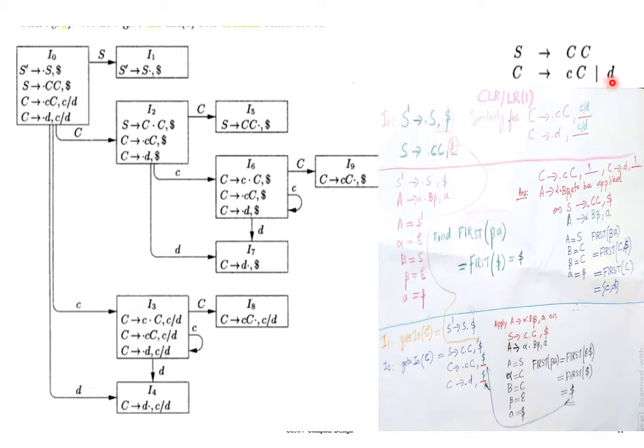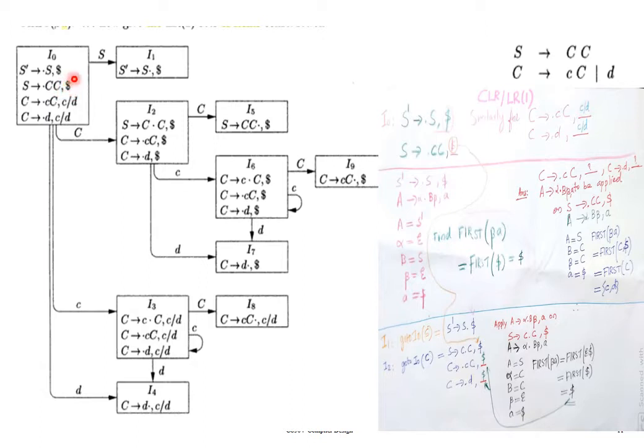Then how we can add this look ahead dollar, I can explain with the help of this image. For S dash gives dot S comma dollar, we have to write it in the form A gives alpha dot B beta comma a.